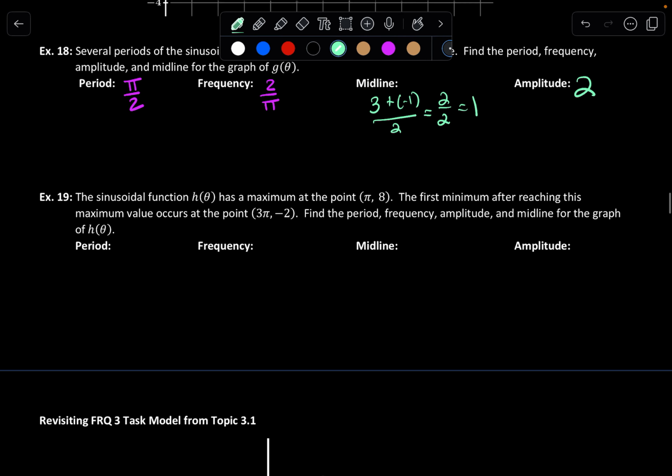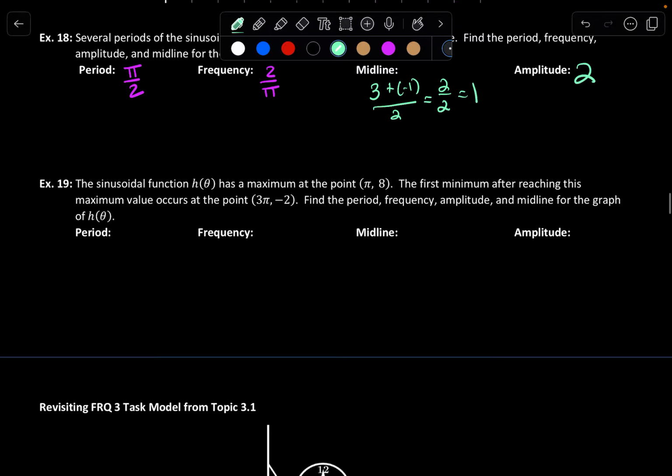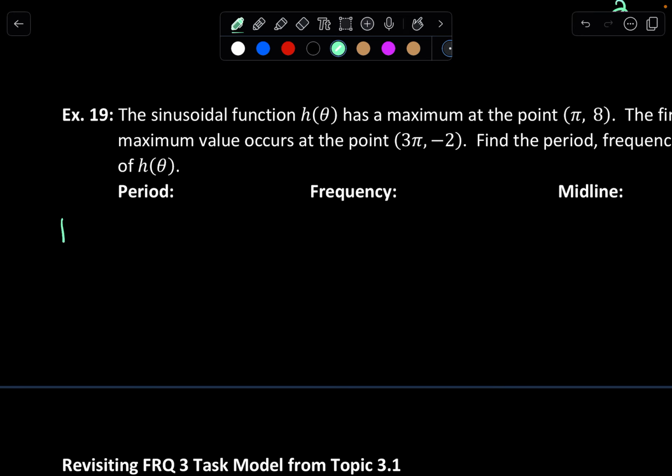All right, the sinusoidal function h theta has a maximum at point (pi, 8). The first minimum after reaching this maximum value occurs at the point (3 pi, -2). Find the period, frequency, amplitude, and midline for the graph of h theta. So anytime that you're given coordinates, I would graph it, all right? Makes it a lot easier to see what's going on.